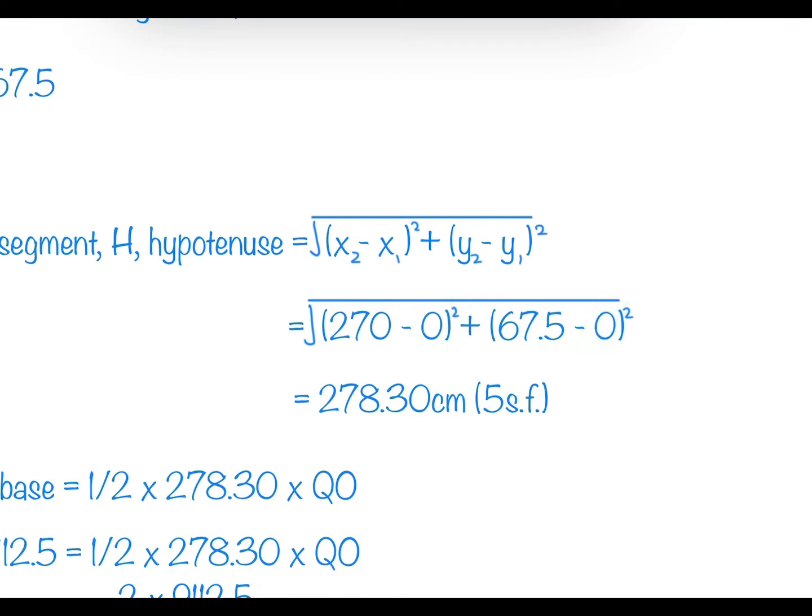So what we are applying here is the Pythagoras theorem, where a squared plus b squared is equal to c squared. After your calculations, you should get 278.30 cm, leaving your answer in 5 SF so that your final answer will be more accurate.